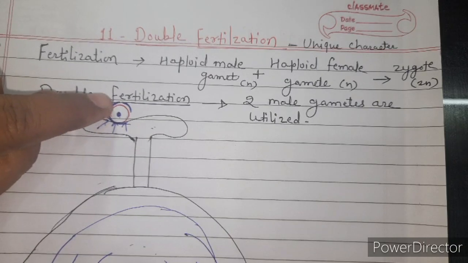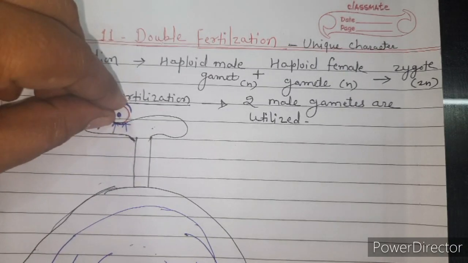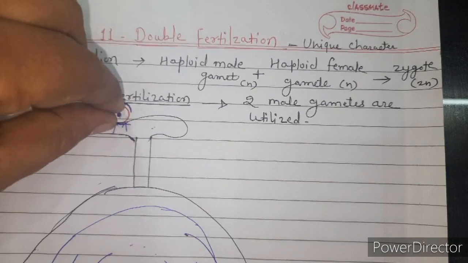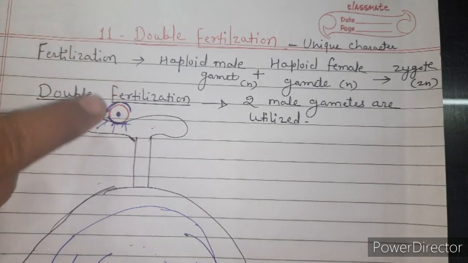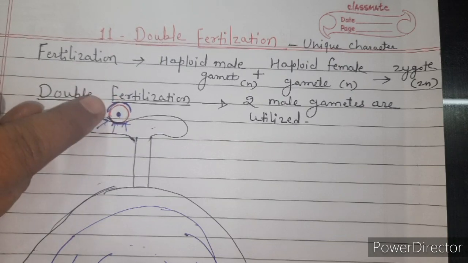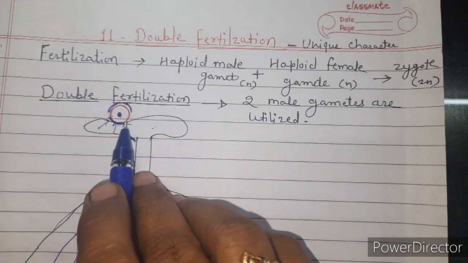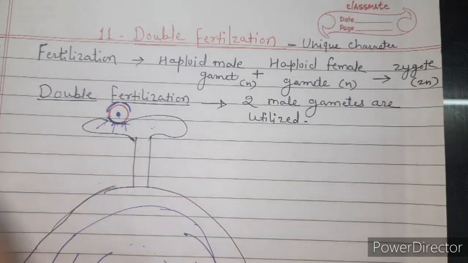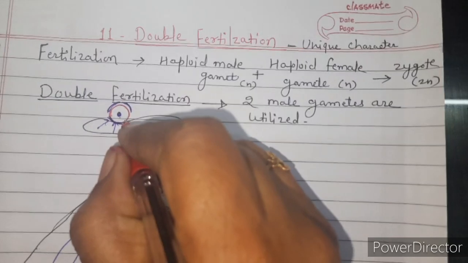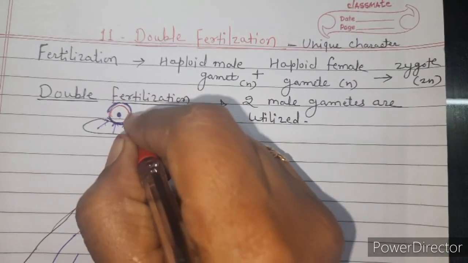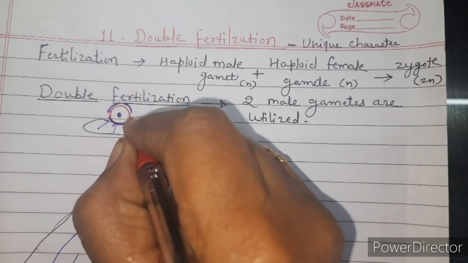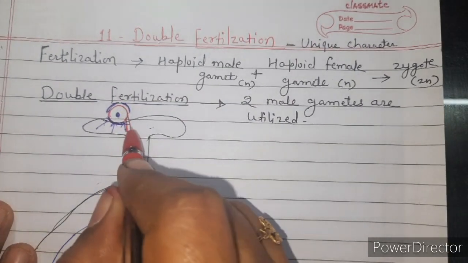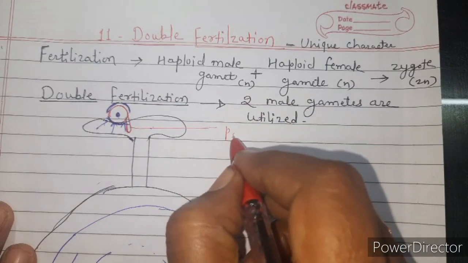Hence, after the absorption, the pollen grain swells and the volume of its inner content increases, and the intine, shown in red in the diagram, comes out through one of the germ pores. This intine comes out forming the pollen tube. See here, this short structure is the pollen tube.